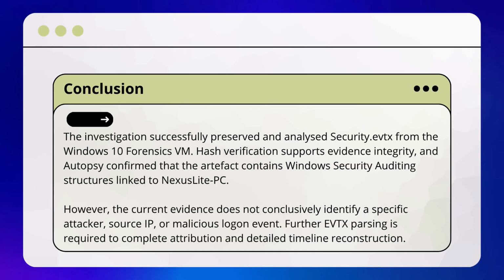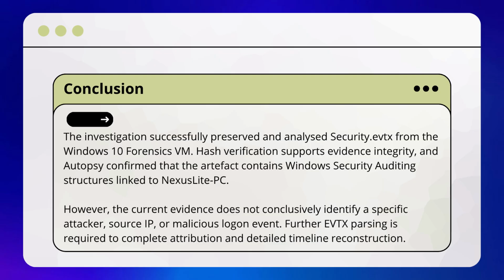So in conclusion, this investigation successfully preserved and analyzed the security.evtx file from the Windows 10 Forensics virtual machine. The hash verification supports evidence integrity, and Autopsy confirmed that the artifact contains Windows security auditing structures linked to Nexuslite-PC.